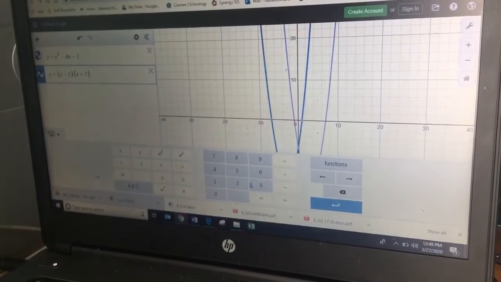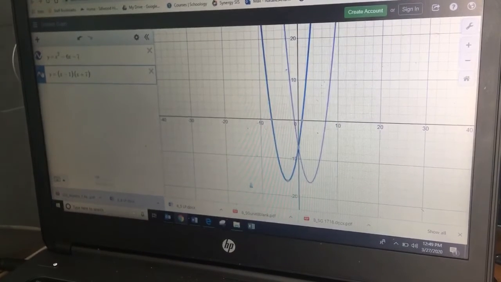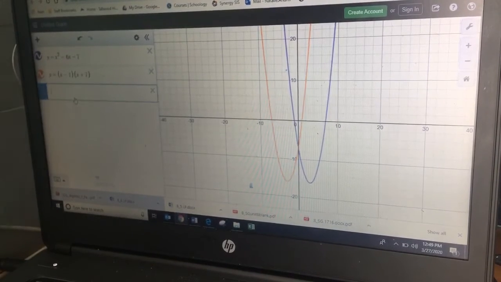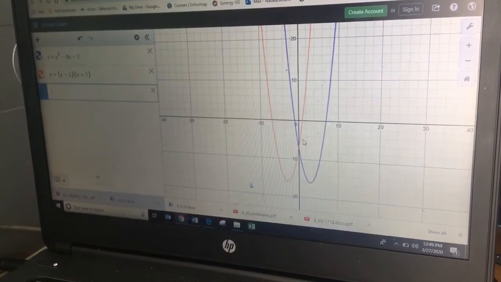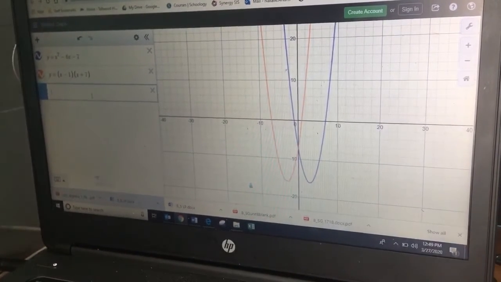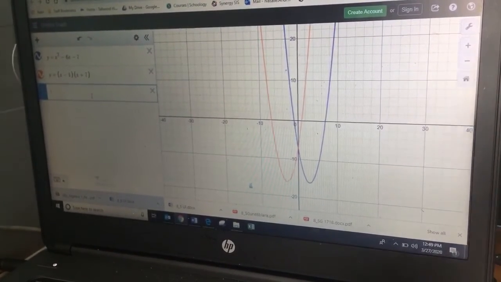Okay, now we look at our pictures. Since the colors are very close, you could change the color. Let's go with orange. Okay, so our main one is blue. All right, they do not overlap. That means that's not the answer.